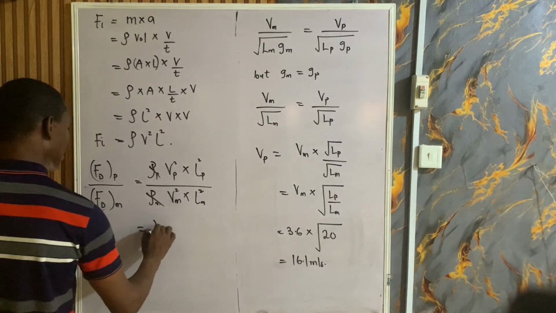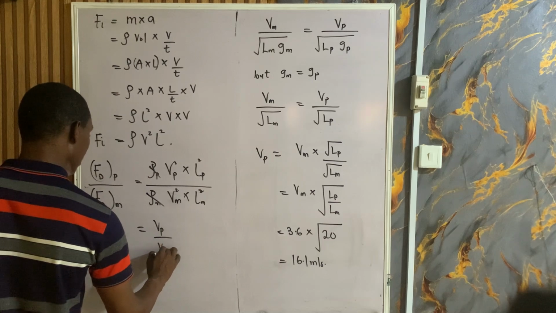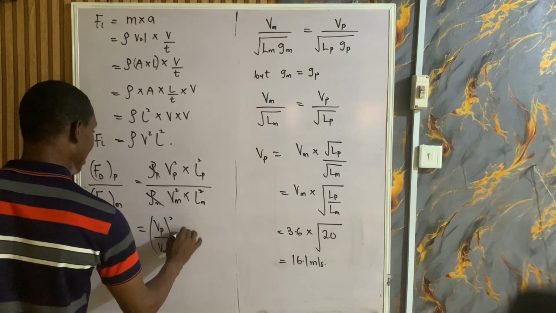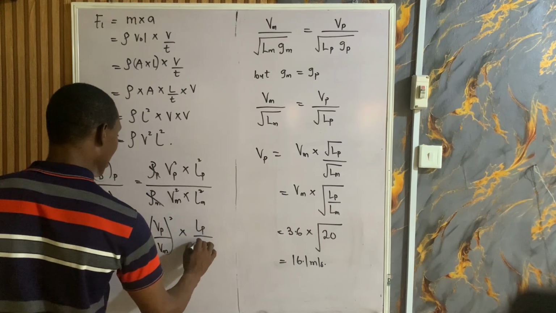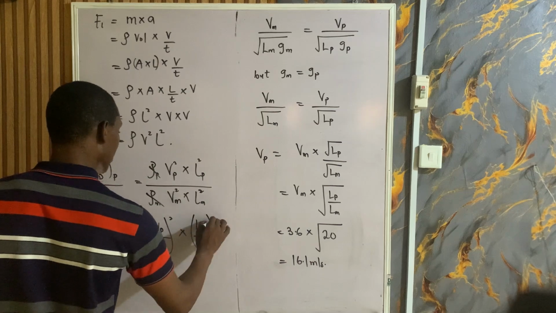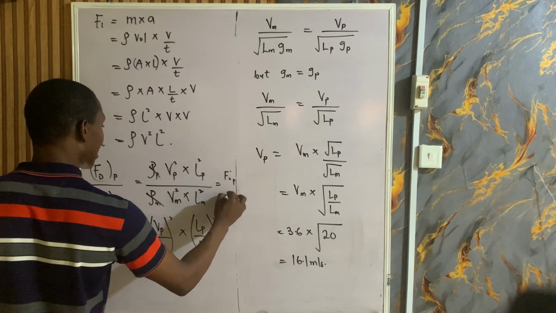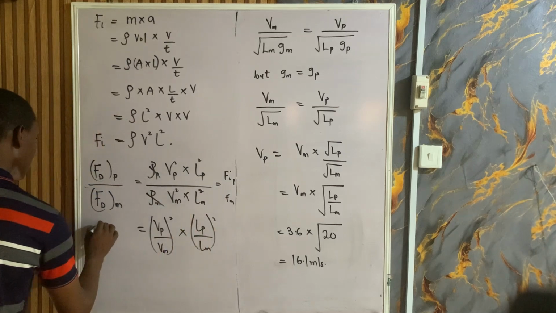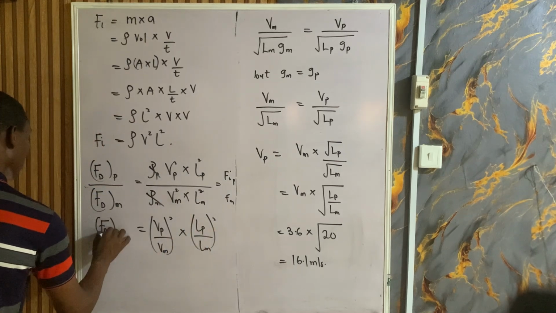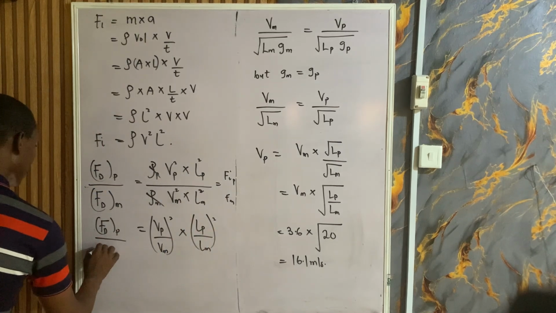So we have velocity of prototype over velocity of model, squared, times length of prototype over length of model, squared. Actually, this is the inertial force for prototype over inertial force for model, so it's equal to drag force for prototype over drag force for model.